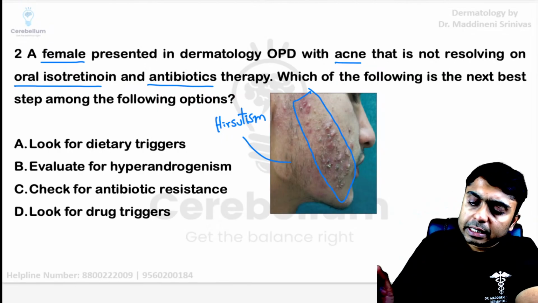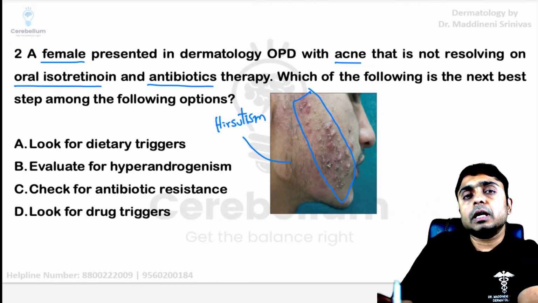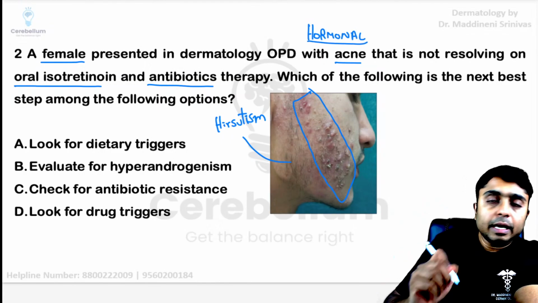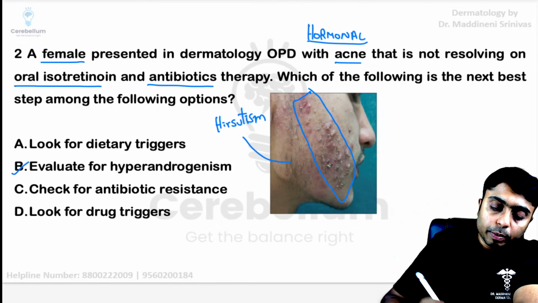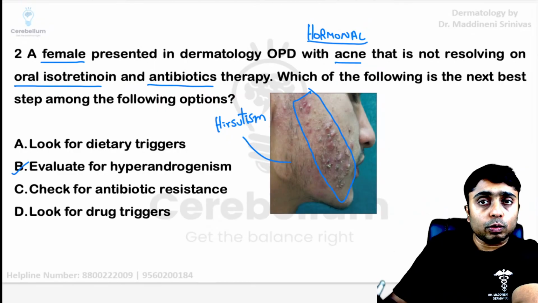So with all these pointers, clues, buzzwords given in the question, please remember you should think about an acne which is referred to as hormonal acne, and the answer here is going to be to evaluate the possibility of hyperandrogenism.